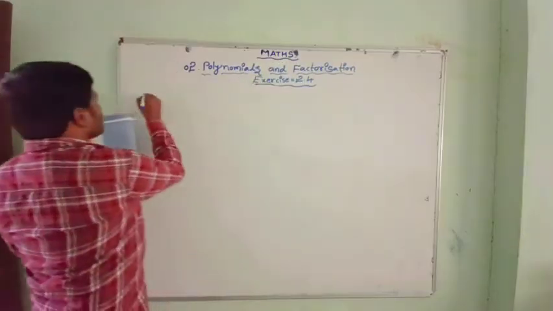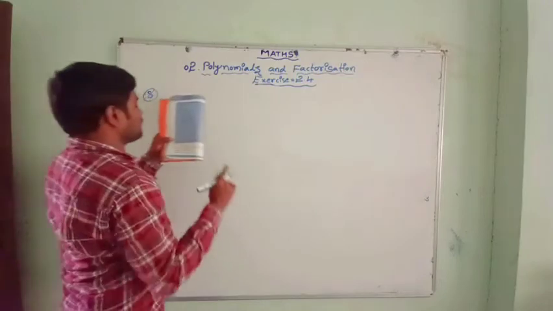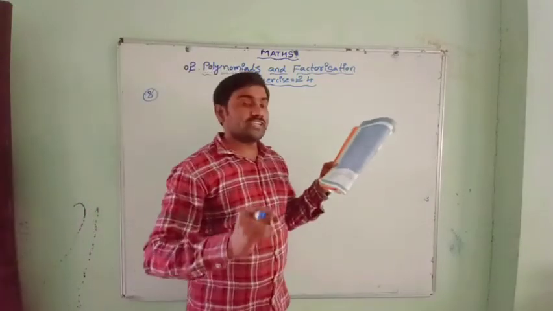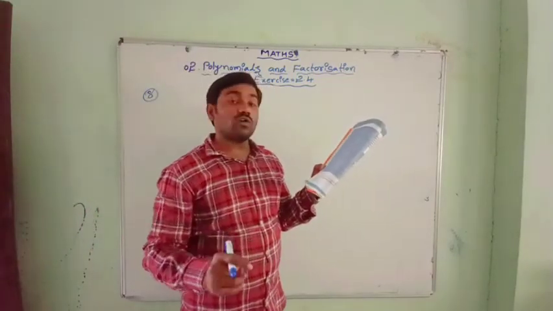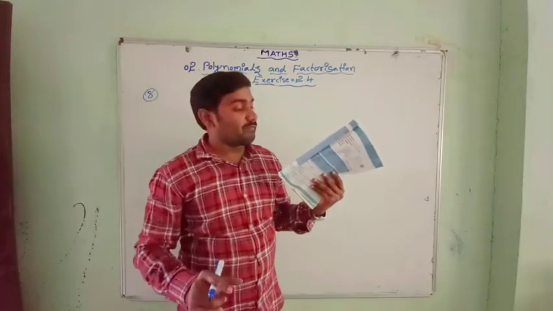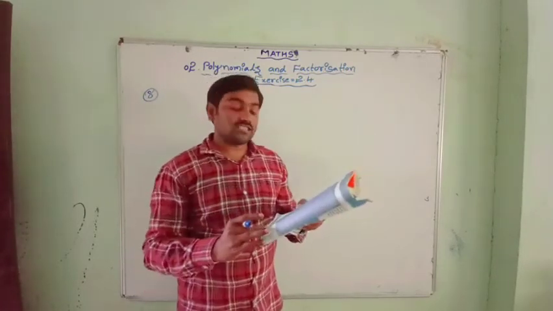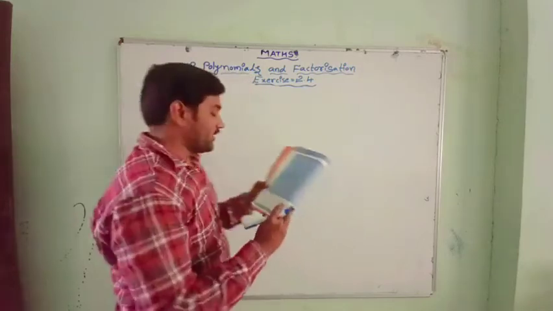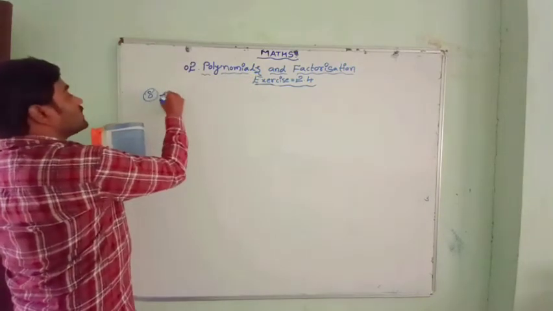Here the 8th problem is that ax square plus bx plus c and bx square plus ax plus c have the same common factor x plus 1, then show that c equal to 0 and a equal to b. Here they have given two polynomials.